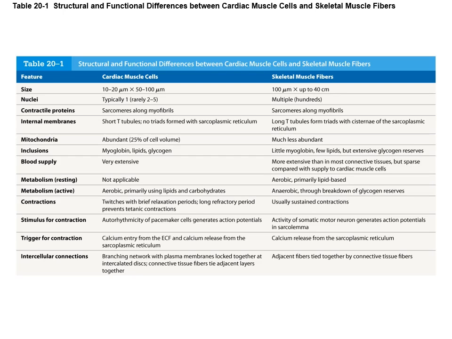So other than that, the trigger for contraction would be calcium entry from the extracellular fluid and calcium release from the sarcoplasmic reticulum. Actually, for skeletal muscle, it's almost the same. So that's one where I do not want you to memorize any kind of difference. There's really no significant difference there.